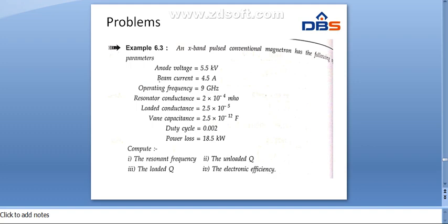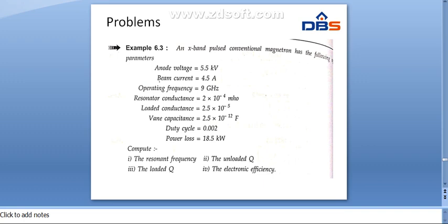So see here, the problem: an X-band pulsed conventional magnetron has the following parameters.